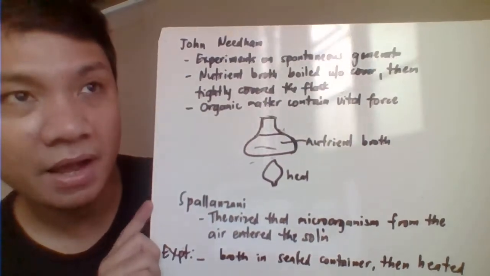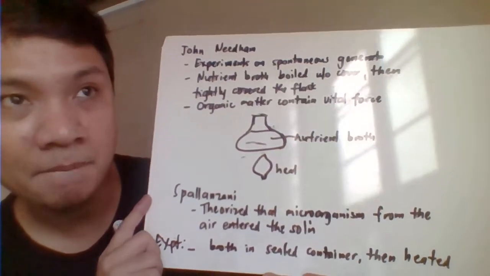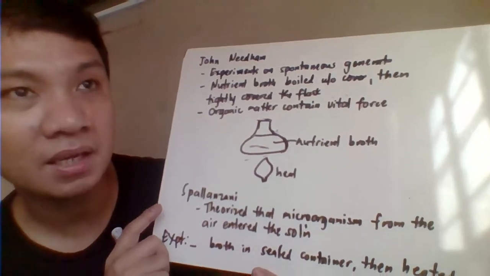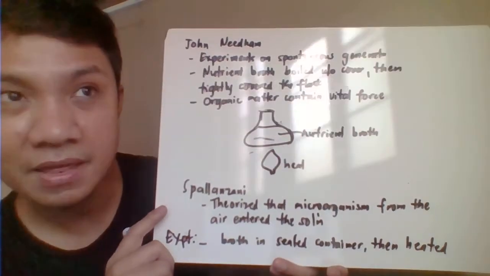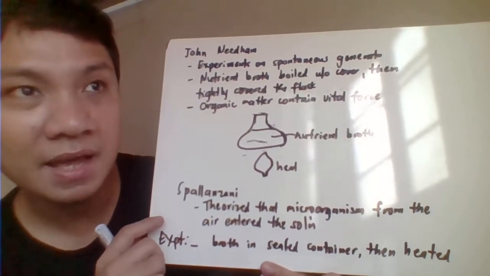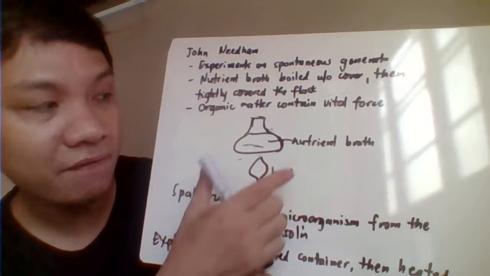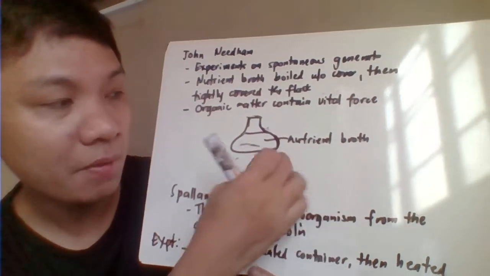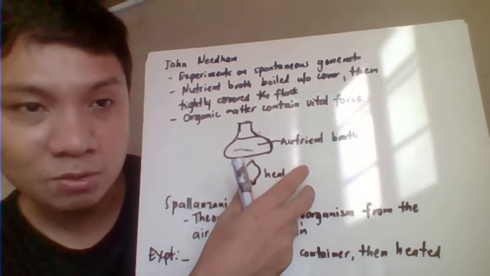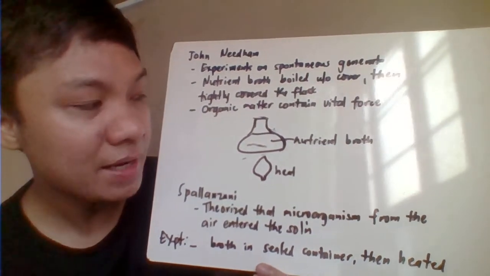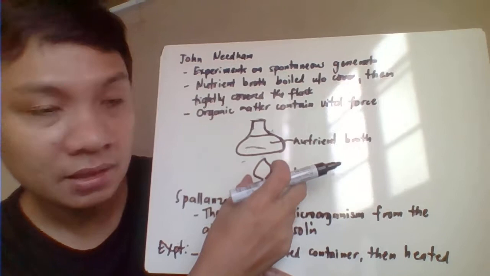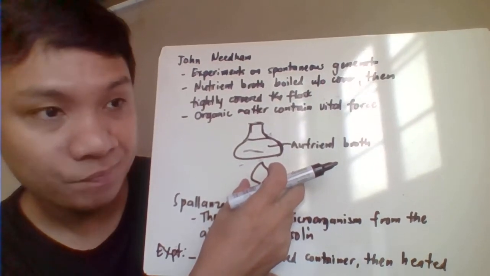Okay, the next one we have here is John Needham. So John Needham tried to make an experiment supporting the theory of spontaneous generation. He made a setup with a flask containing nutrient broth, and then he heated it.